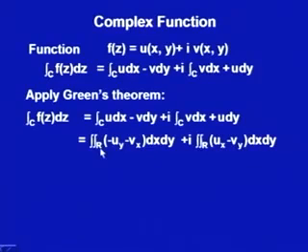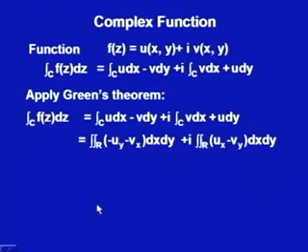So what we have got is the integral in the region R, where this contour C is enclosing this region R, of minus (uy minus vx) and of (ux minus vy). This integrand, minus uy minus vx, and this integrand, ux minus vy, both are 0.